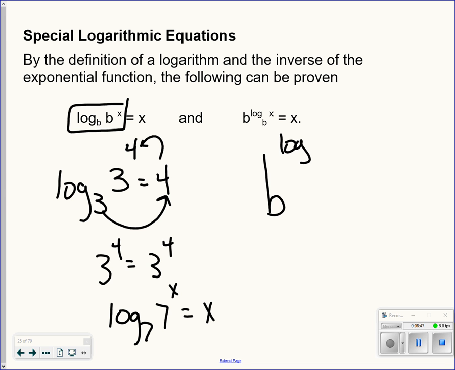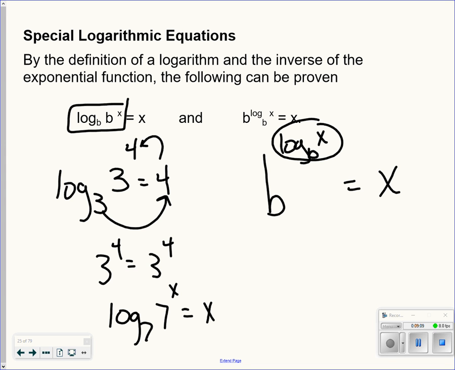Base b raised to a log base b of x. Remember, logs are exponents. So this right here is an exponent. And so therefore, because you have a base of b raised to that log, then the answer is just whatever the argument is.